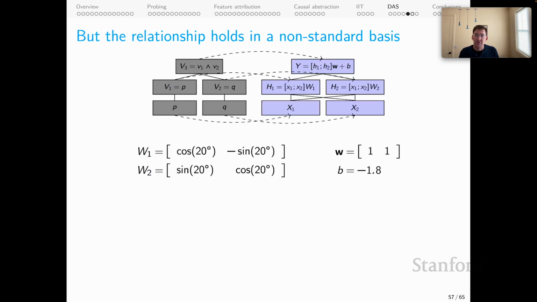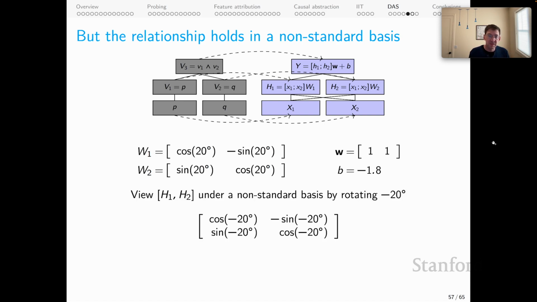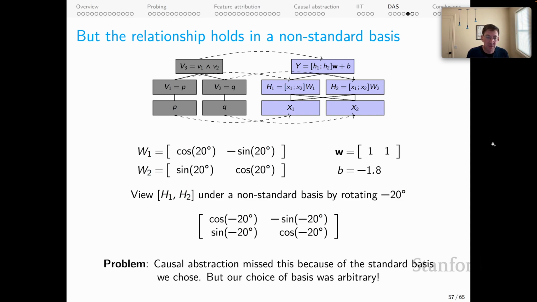Here's the crucial insight behind DAS. The alignment relationship does hold in a non-standard basis. If I take the current network and the current alignment and I simply rotate H1 and H2 using this rotation matrix, then I have a network that is behaviorally perfect and satisfies the causal abstraction relationship, right? Causal abstraction in classical mode missed this because of the standard basis we chose.